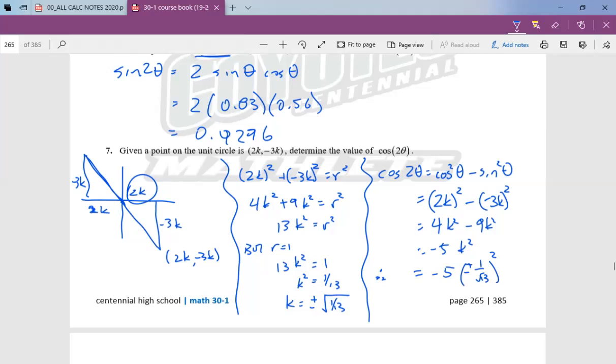It also takes care of the fact that it's plus or minus. Either way, whether it's positive or negative, when we square it, it just ends up being times positive 1/13. So this ends up being equal to negative 5 over positive 13. And that's it. That's our last step. So cosine 2 theta is equal to that. And there's our final answer.